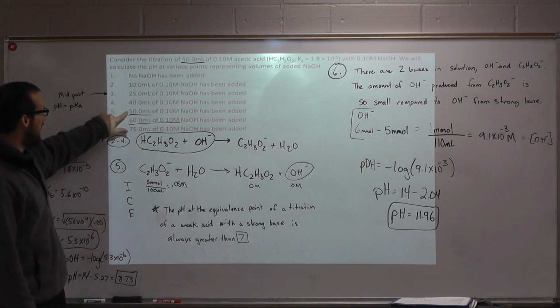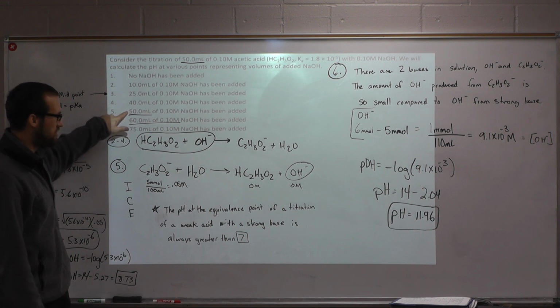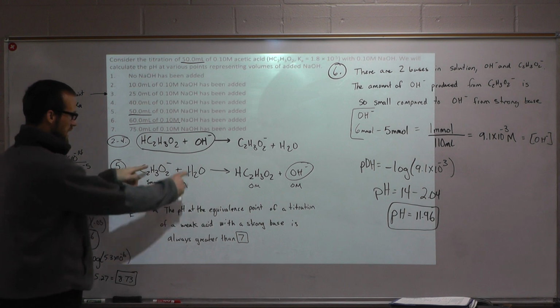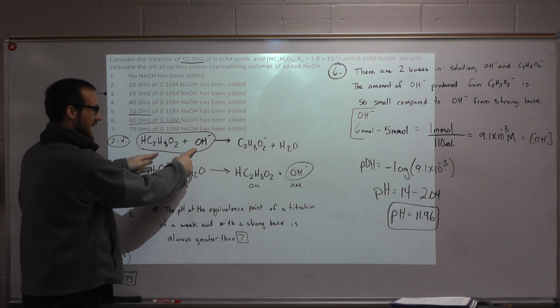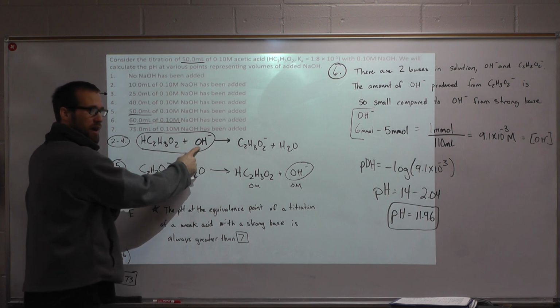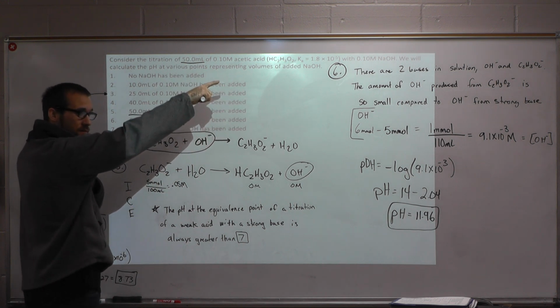Okay? I had 50 milliliters, so I ended up having 5 millimoles of my strong base. That 5 millimoles got completely reacted with the 5 millimoles of my weak acid. Does that make sense? So I didn't have any OH minus due to the strong base. Does that make sense?